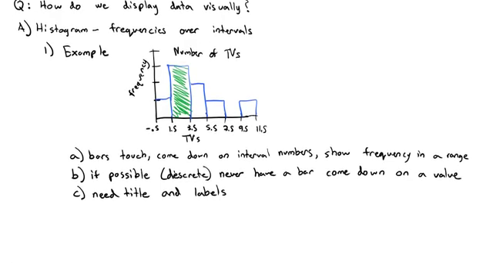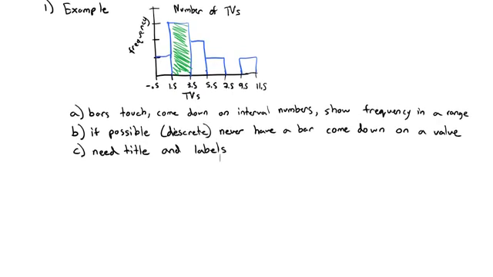So now that we kind of know what a histogram is and what it looks like, showing frequencies over a range, let's look at how to make a histogram. First, we need to decide on the number of bars.